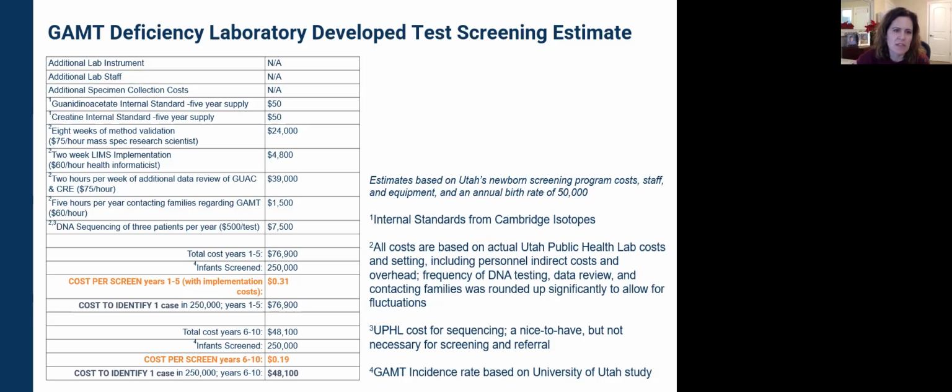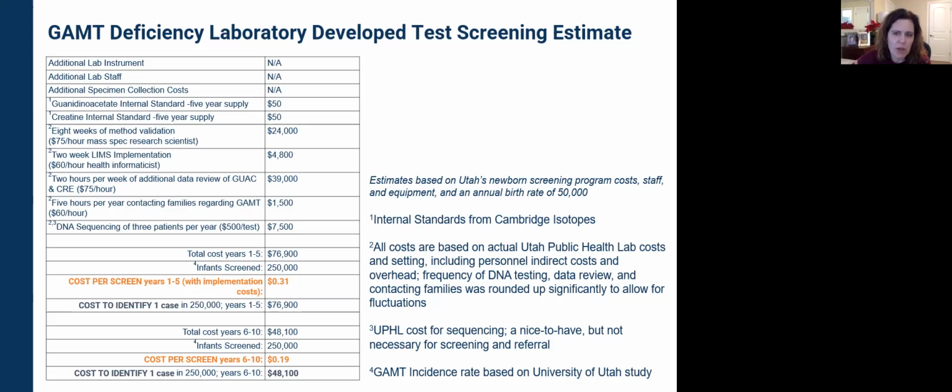And as you can see, we get down to a total cost of $76,000 for years 1 through 5, with 250,000 infants screened. So that's 31 cents an infant, or $76,900 to identify that one infant. Now, of course, all these numbers change based on if you're screening 500,000 infants, it would be lower than 31 cents, or higher if it were less.